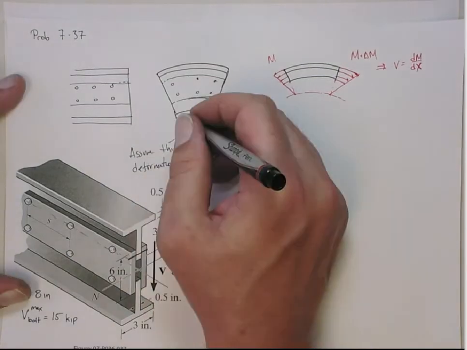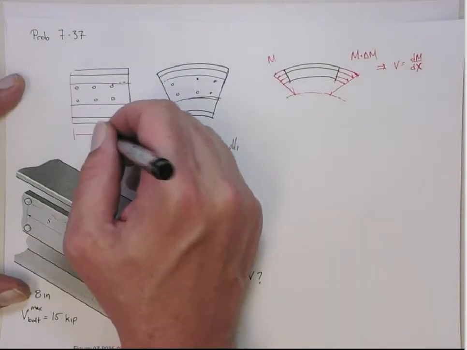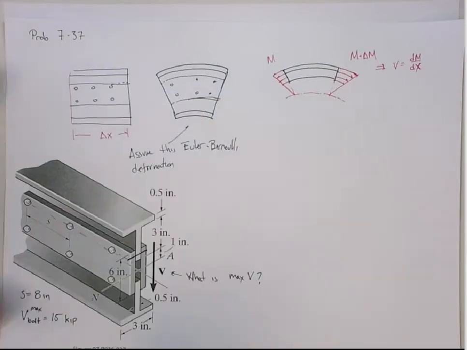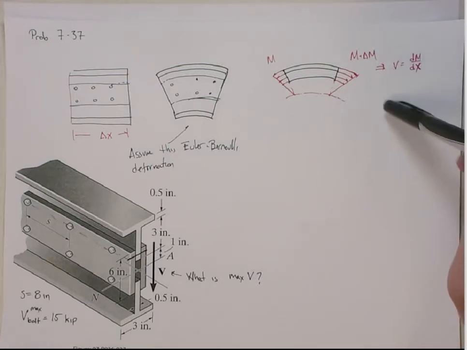This is delta x. All right, so this Q is what gives me the V. That was the whole argument we did in the derivation of the transverse shear stress, right? That's where we got the transverse shear stress equation.